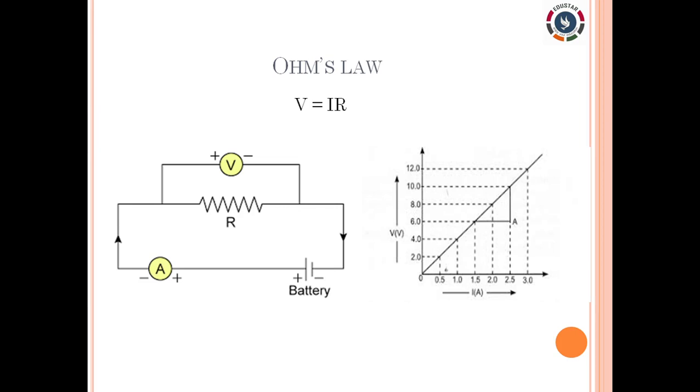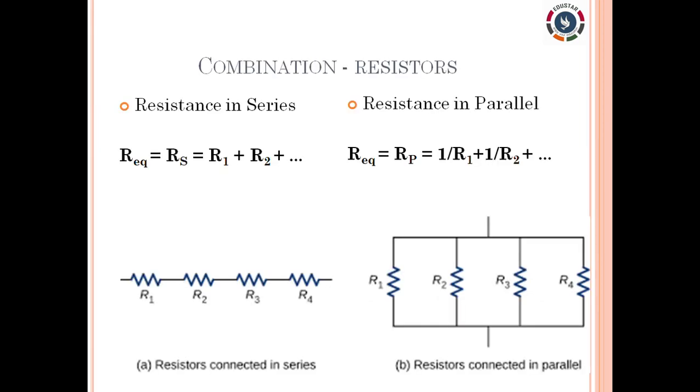The next topic: when we talk about resistance, we have to know about the combination of resistors. Resistors can be combined in two ways, either in series combination or in parallel combination. When used in series combination, the equivalent resistance is denoted as RS, which we calculate by summing up all the individual resistances.